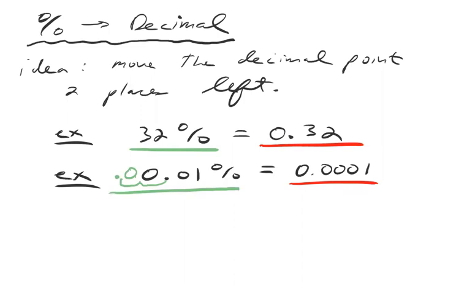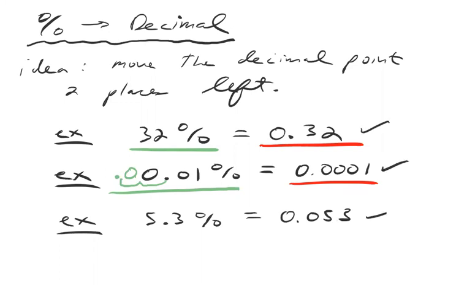That's just my work shown to get the right side. What if I said 5.3%? If I move that to the left 2, I should get 0.053. Notice that on this side, there are no percent signs because I changed it to a decimal. So whenever you're changing from percent to decimal, you move it to the left and drop the percent symbol.